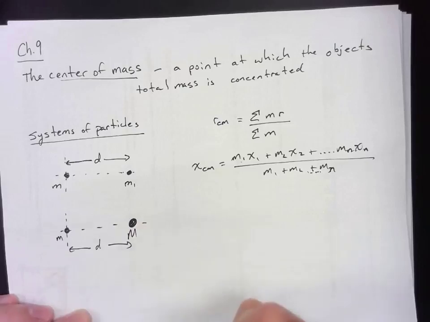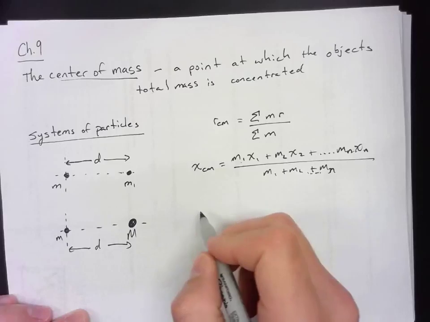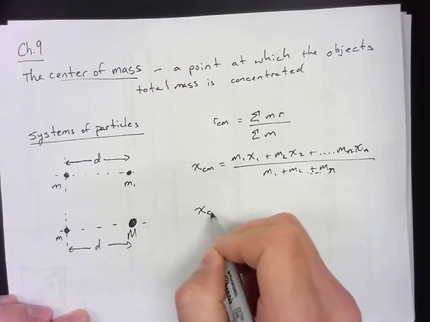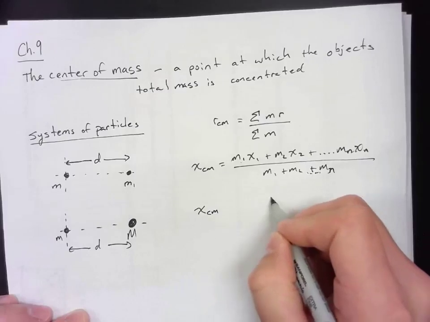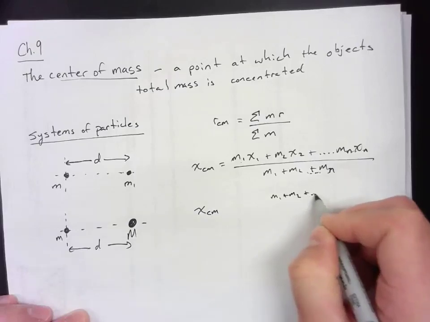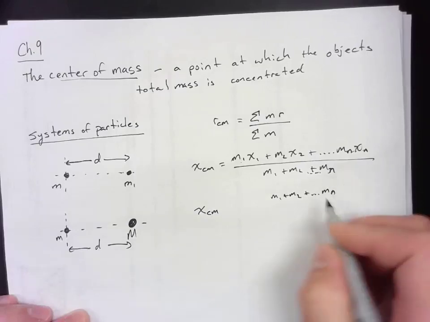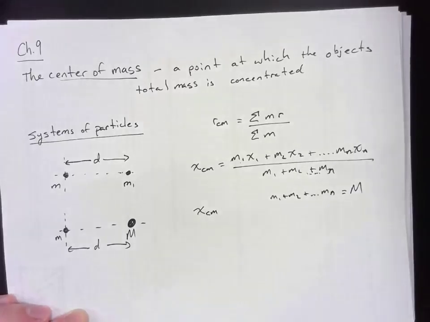All right. Now, when we get out of systems of particles, we need to think about it as integration. So, just to help us out when we get there, let's just call the sum of all the masses big M, the total of all of those.